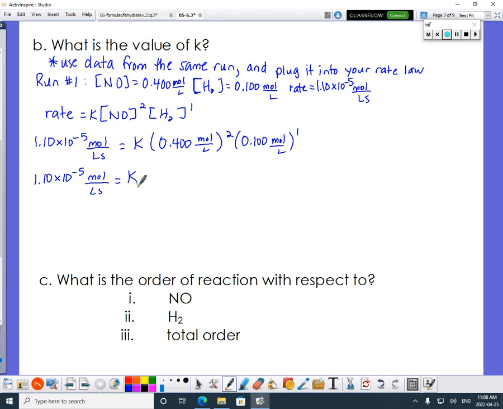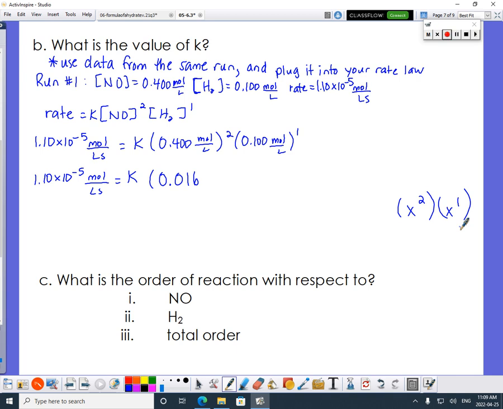So you have to do 0.4 squared times 0.1. And we need to have appropriate units. So this is the trickiest part of k. This means moles squared, liters squared, times moles and liters. So if you have x squared times x to the power of 1, what do you do with these exponents?